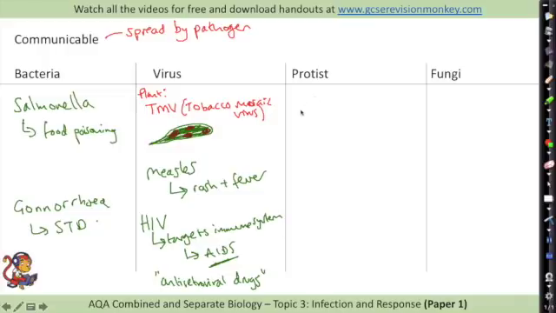So it's one that's very difficult to treat, and if it leads to AIDS, can ultimately end in death. An example of a condition that can be transferred by a protist is malaria, and the malarial protist lives in mosquitoes. Part of its life cycle is within mosquitoes.